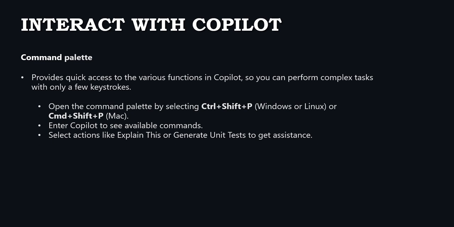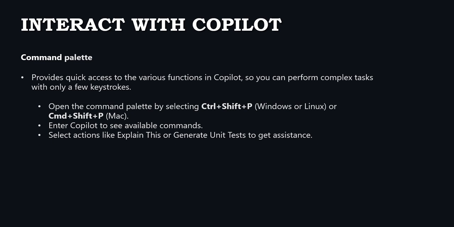So another way to interact with GitHub Copilot is via the command palette. The command palette provides quick access to Copilot functions, making it easy to perform complex tasks. So let's understand how to use it. First of all, how do you open the command palette?